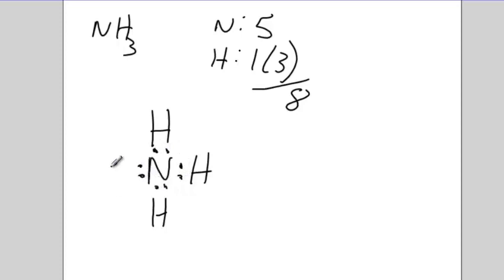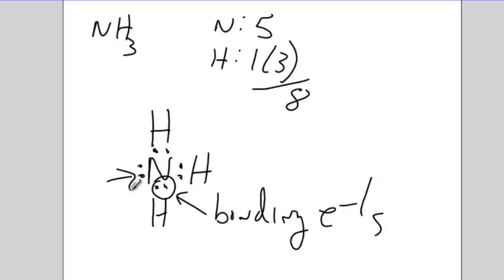It does not matter which 3 sides of the N you put the H on. It doesn't matter at all. But you do need the H's on 3 sides and 1 side blank. So these electrons here, once again, that are between the N and the H, those are the bonding electrons. They are the ones being shared. Okay? Bonding electrons.